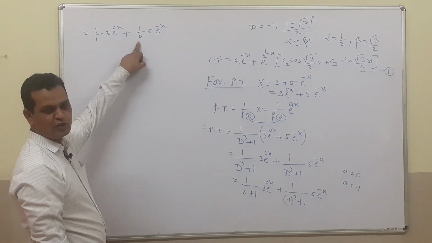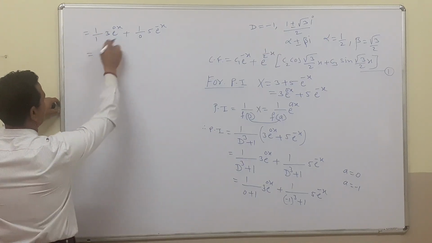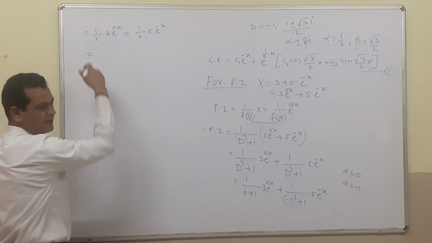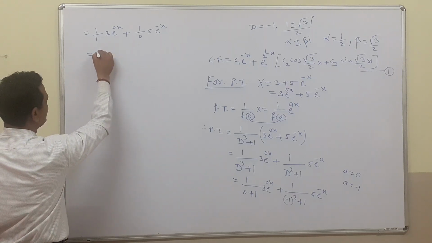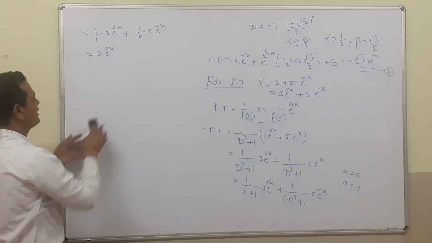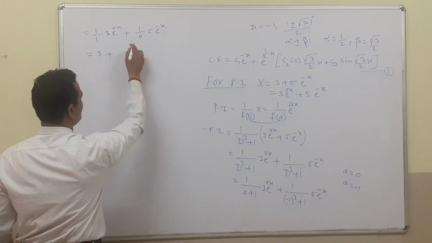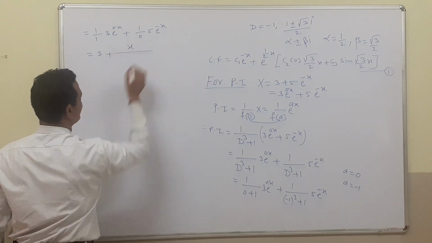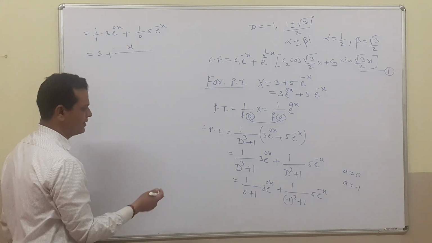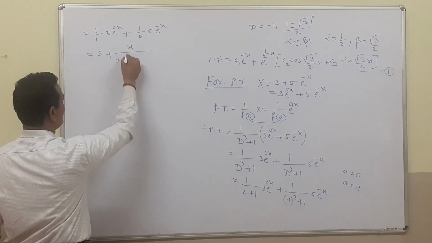Whenever we get such a 0 in the denominator, the D term is absent, so write down the term as it is: 3 e raised to 0x, or directly 3. Since the denominator is 0, attach x on the numerator and take the derivative of the denominator, which is 3D square.